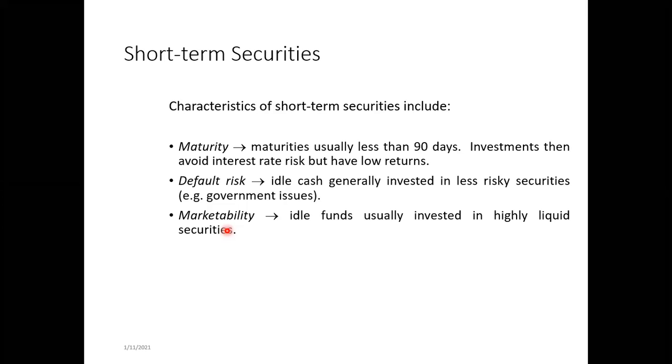Default risk means the creditworthiness of creditors. If you have surplus money, a better option is to buy government securities, treasury bills, because they have less risk. So idle cash is generally invested in less risky securities, say government issues, government treasury bills. And marketability, high liquid assets.